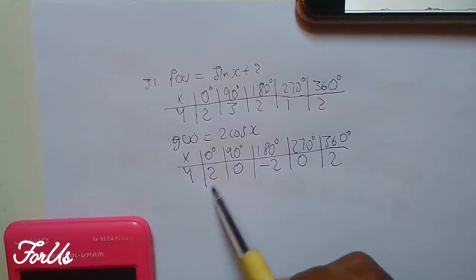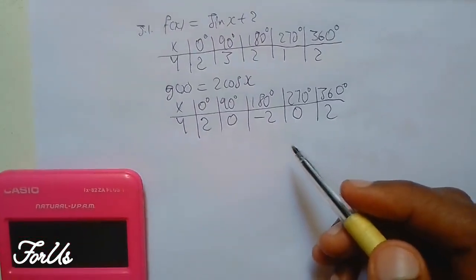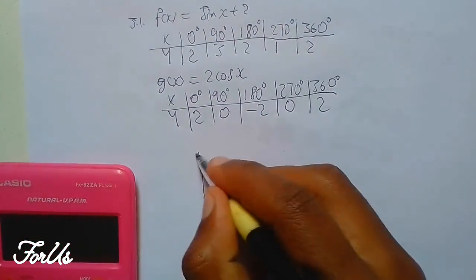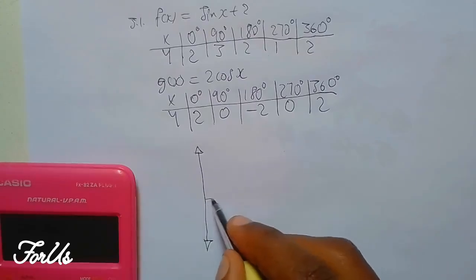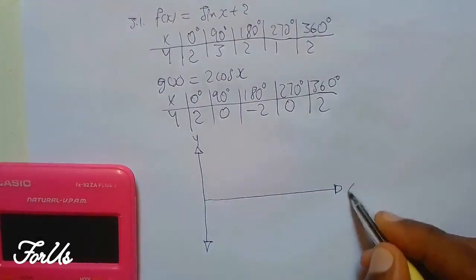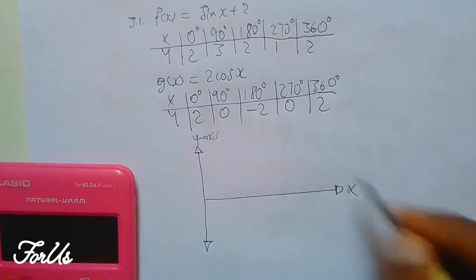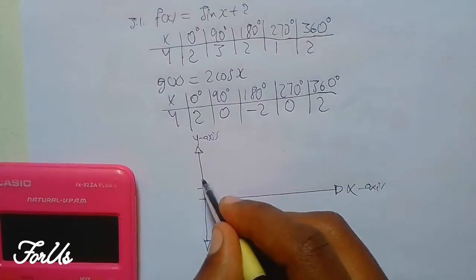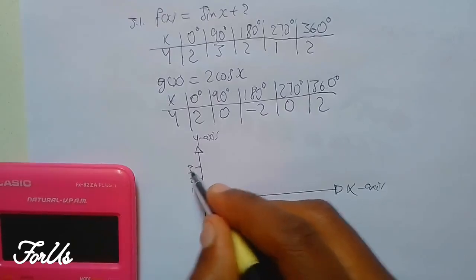Now that we have both tables, we can draw the graph. It's going to be like this. Here's the y-axis. Here's the x-axis. You can indicate the axes. Now here on the y values, 1, 2, 3.